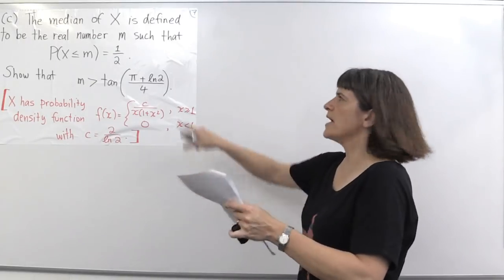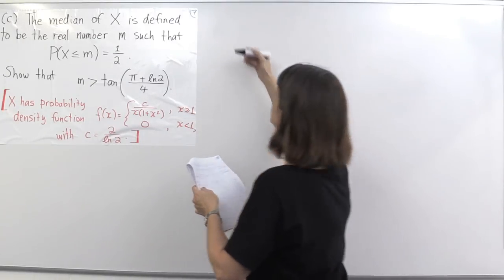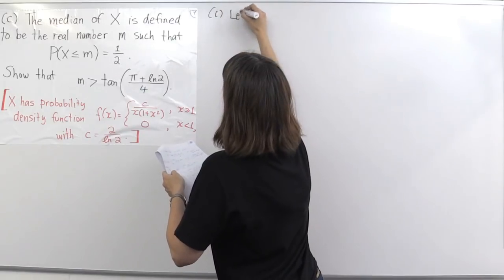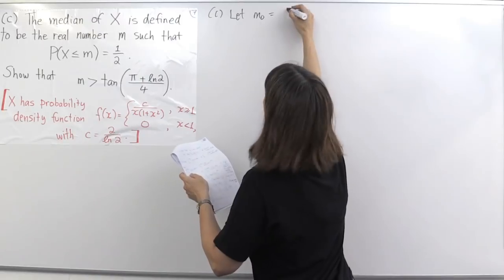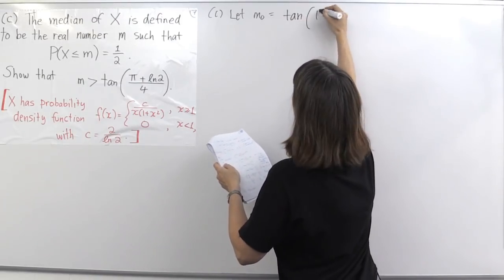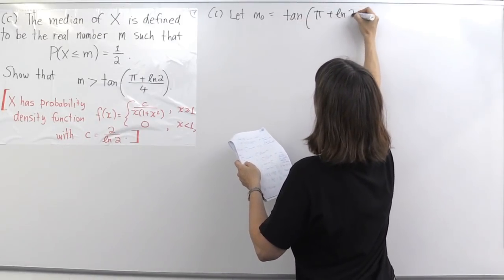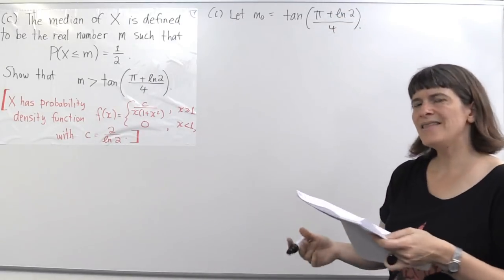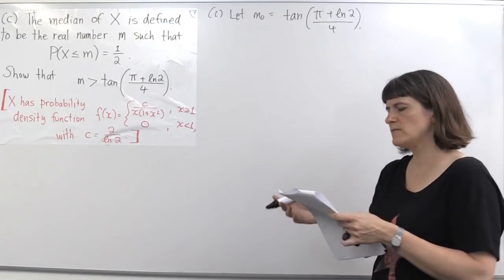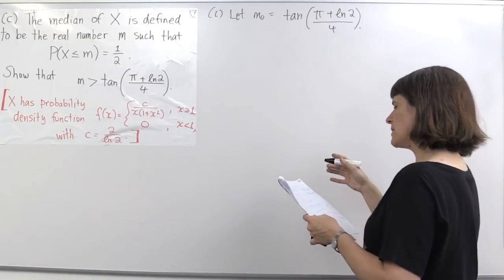I'm going to call this thing m0 because it's a bit of a mouthful. Feel free to define notation if it makes your life easier. So m0 is tan of (pi plus log 2) over 4. Okay, and we can see tan there, and we had arctan before in the expected value, so it'd be nice if we could get those two to come together.